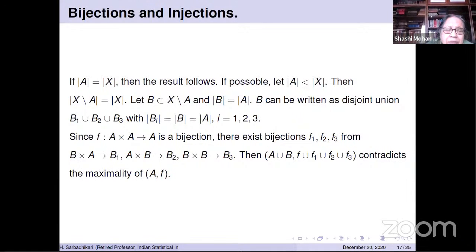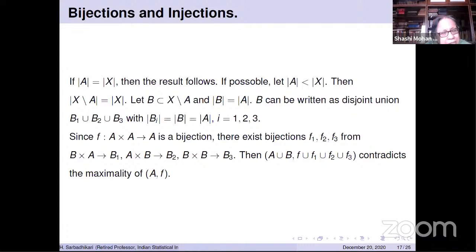I have a bijection A cross A to A. Now B is the same size as A. So from B cross A to A also I can get a bijection, by first going from B to A, so that B cross A becomes A cross A, and then going to A. But from A to B1 also I have a bijection.